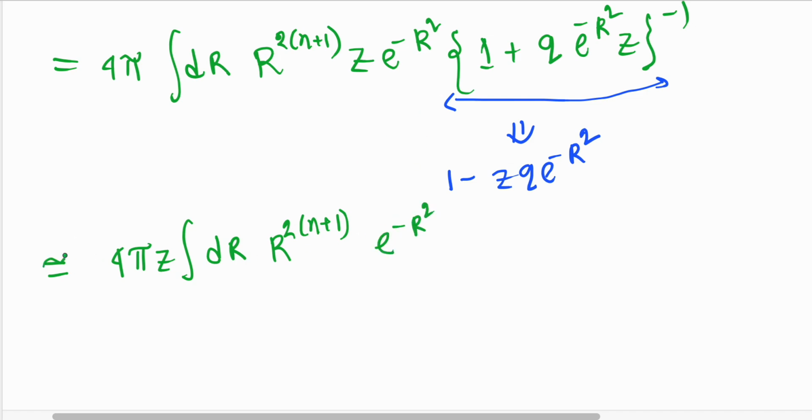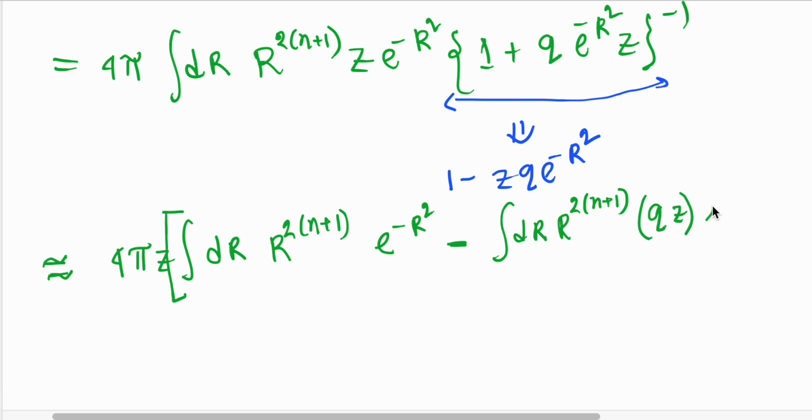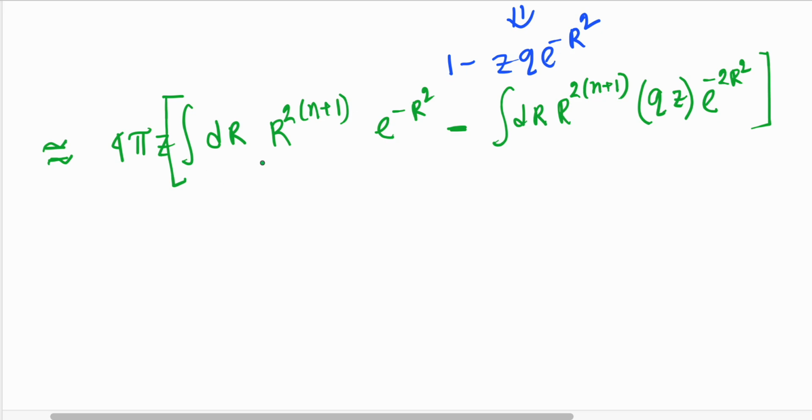This is approximately equal to, the second term will be minus 4 pi, minus integration dr r to the power 2n plus 1 q z e to the power minus 2 r square, right? So let's first calculate these things.